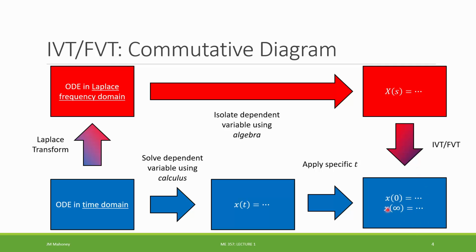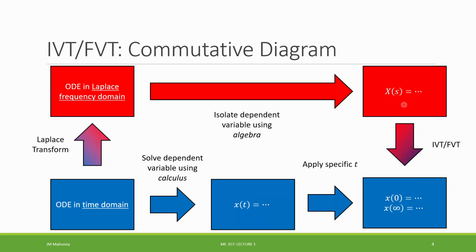A drawback of going with this upper path is that the Initial Value Theorem and Final Value Theorem, as their names imply, only tell us what's going on initially and after a long time, the final value or steady state value. They tell us nothing about what's happening in between. Whereas if we take this lower path, once we know x of t, we can put in any t and know exactly what's happening at any time.